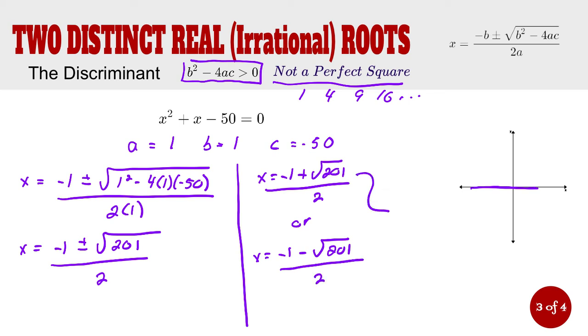So in this case, you've got exact values. And if you were to square root 201, you could figure out an approximate value to whichever decimal you desire.